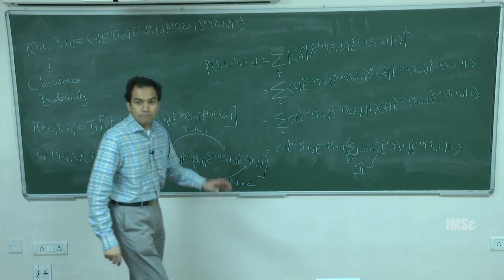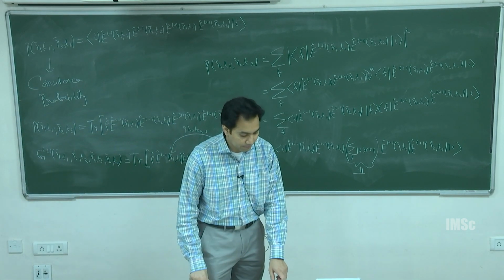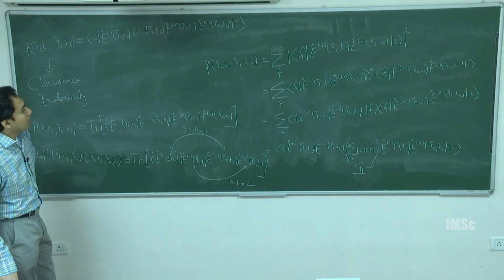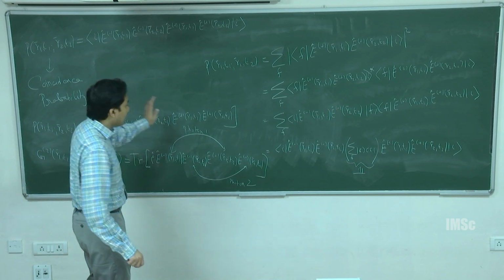So I want to pause for a moment, because before we start the discussion on beam splitter, I just want to pause and ask if there are questions on this, because this is important to appreciate.